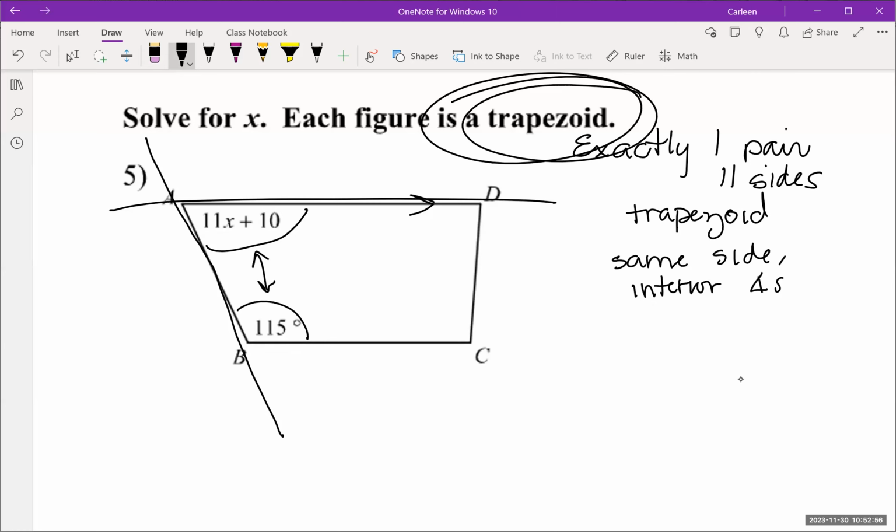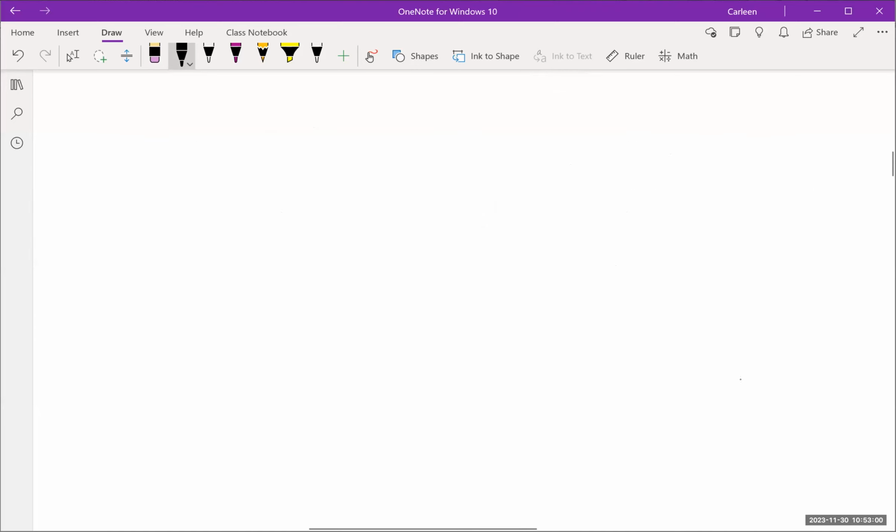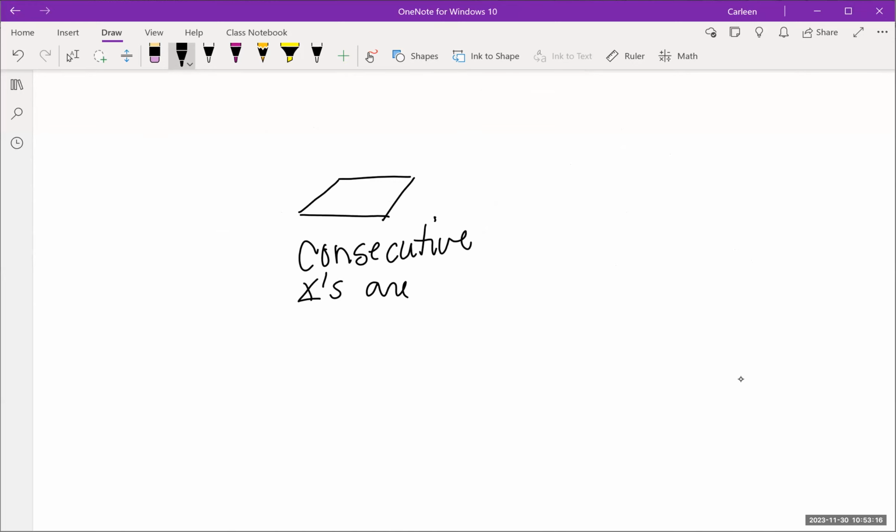Okay, so here's the deal. If it's a parallelogram, consecutive angles are supplementary. So we're going to do parallelograms, and we're going to do trapezoids.